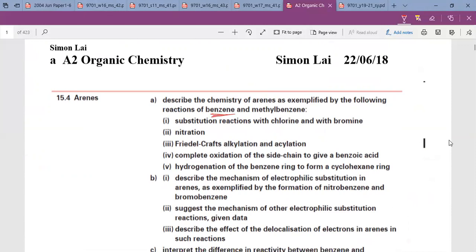Right now, substitution reaction with chlorine Cl2 and with bromine Br2. They'll ask you nitration, which means you're going to use nitric acid. And Friedel-Crafts alkylation, where alkyl groups are added in.